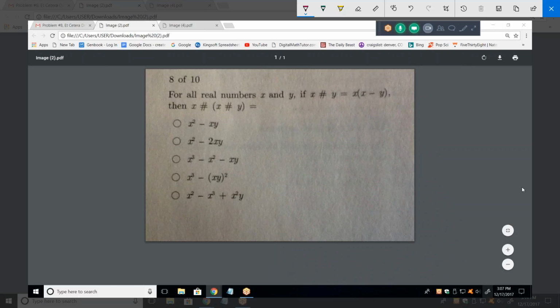No matter how many nests they have, like this one, x pound and then in parentheses x pound y, you have to figure that out first. Well, they tell you what that is. And now it's x pound this.